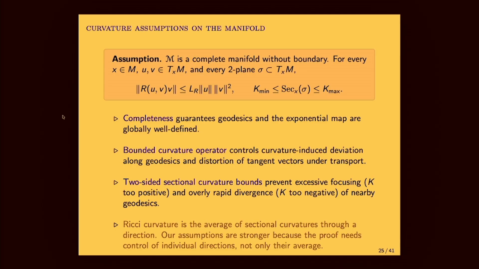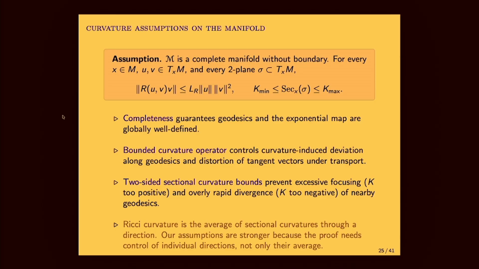And one thing I want to point out is that if you're an expert on Riemannian sampling itself, by sampling I mean posterior sampling on manifolds, for example Langevin Monte Carlo on manifolds or the proximal sampler on manifolds, there it's typically assumed that the Ricci curvature satisfies some conditions. But for this case we need a stronger assumption on the sectional curvature itself.